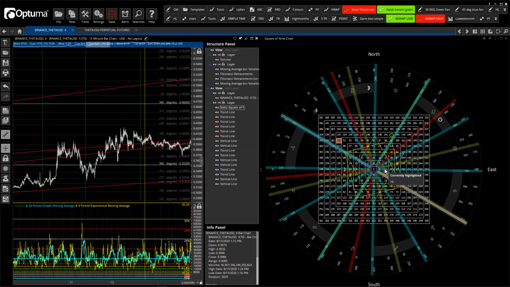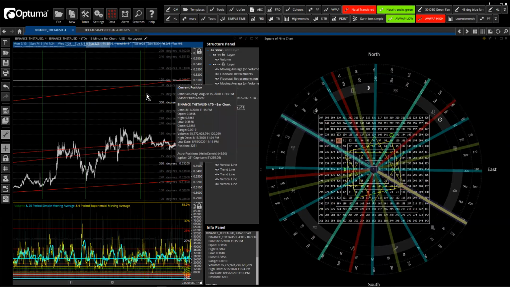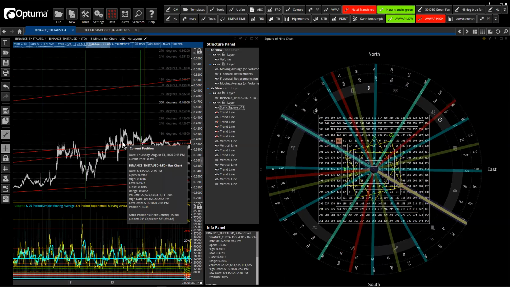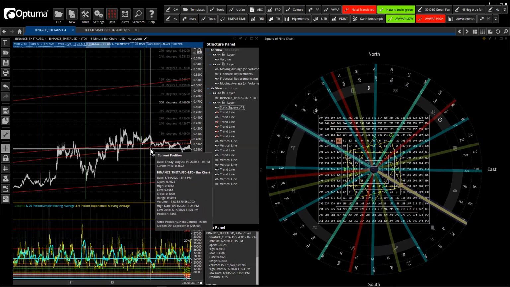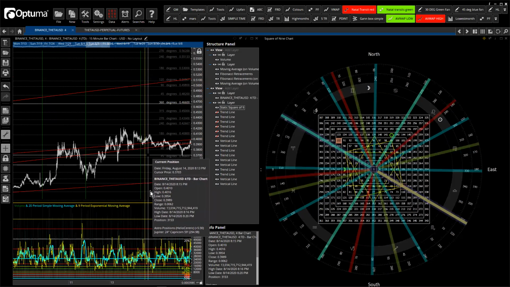When you are looking for transiting planets, you're looking at the position of the planets relative to the market. Again, transiting planets are set to UTC time as well for this Theta coin.